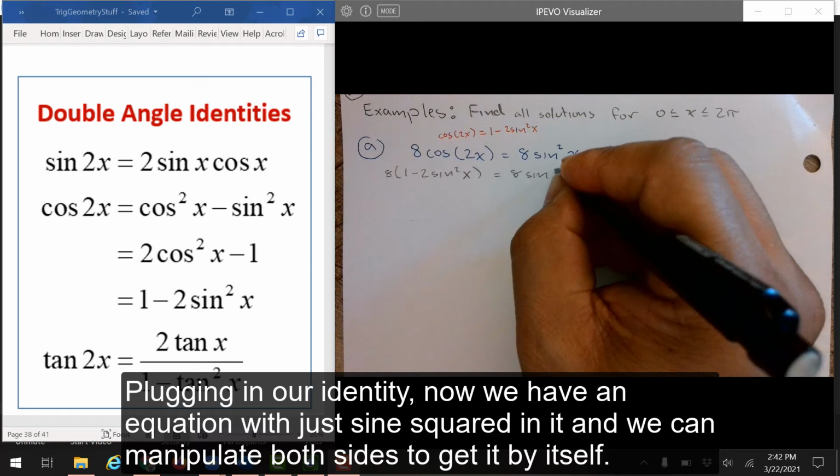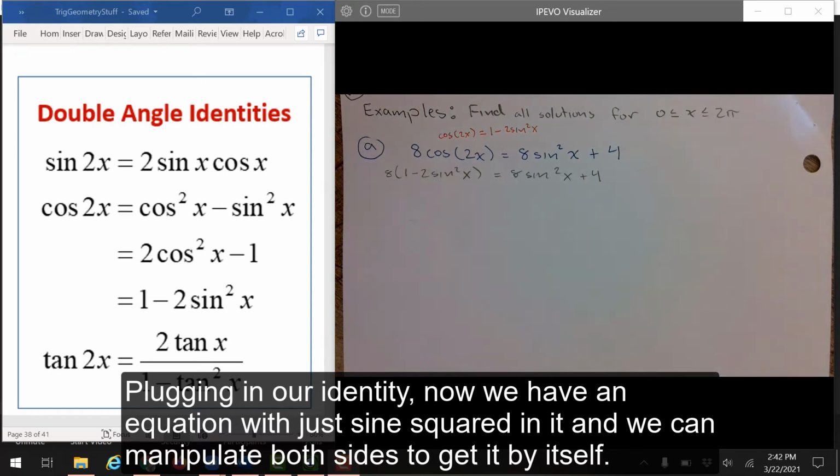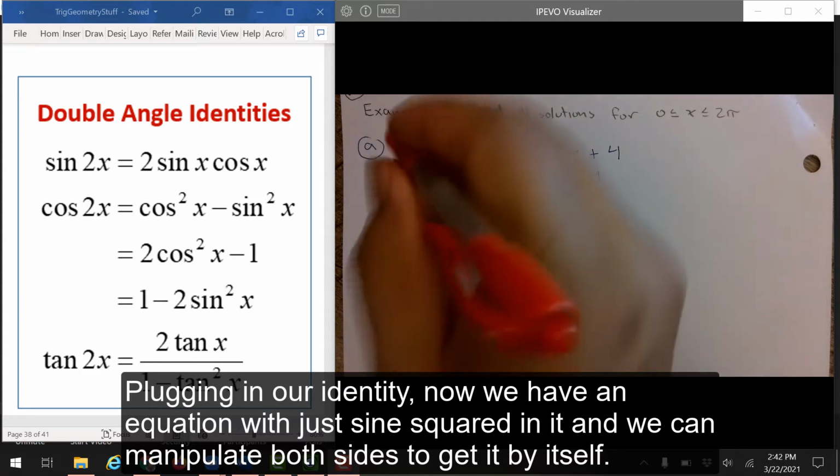Plugging in our identity, now we have an equation with just sine squared in it, and we can manipulate both sides to get it by itself.